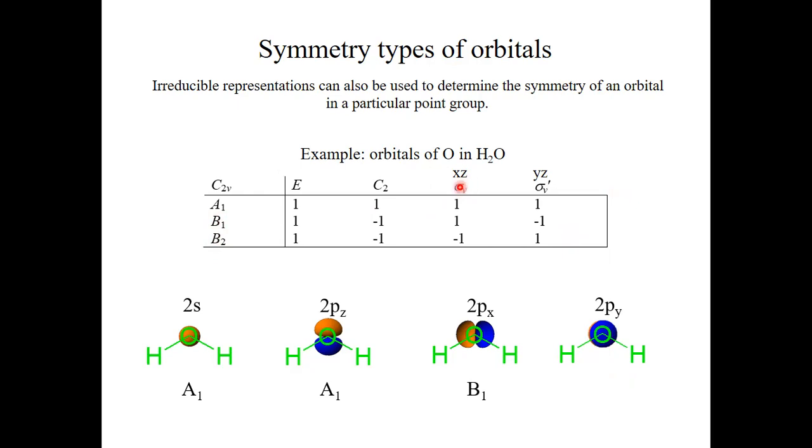The sigma v mirror plane. So as we carry out this sigma v symmetry operation, which is a reflection at the XZ plane, will our algebraic sign change or not? It will change, yes, correct.